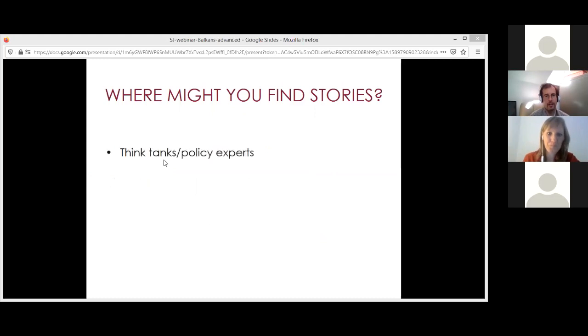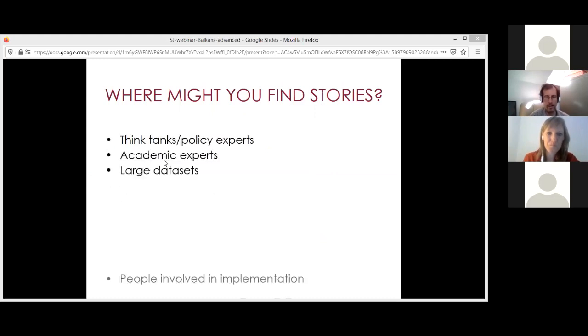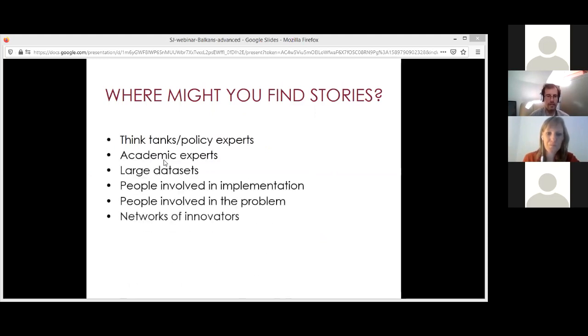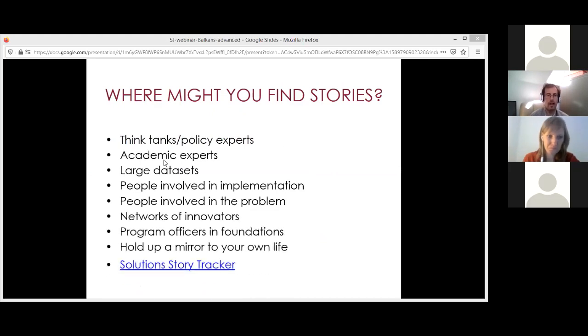Yeah. So again, just a reminder here, you'll have to think of which of these are really appropriate to your own societies, who you trust. But as we said, some really good places to start are think tanks, academic experts, people who are doing innovation. Different startup centers might be a good place. Anywhere you can find people that are innovative, that are knowledgeable about the field.